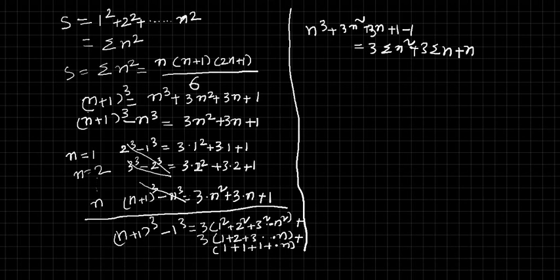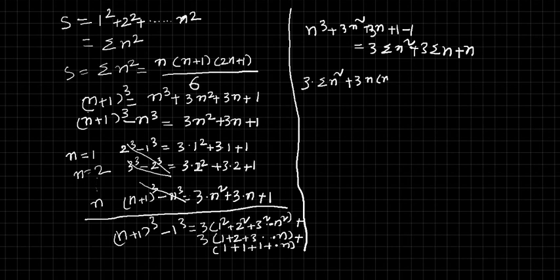So we're slowly reaching the summation, that is 3 into sigma n square plus 3 into, what is sigma n?